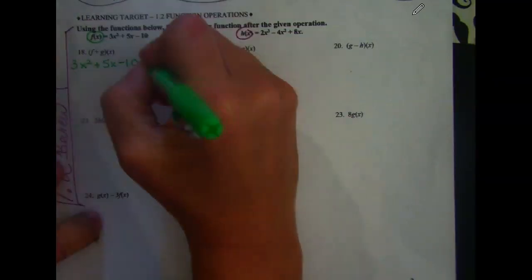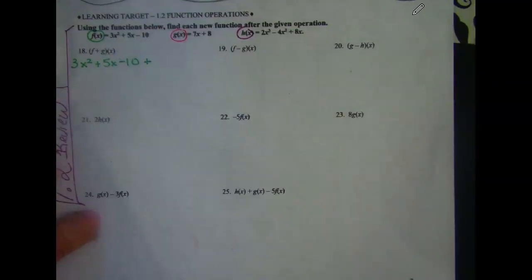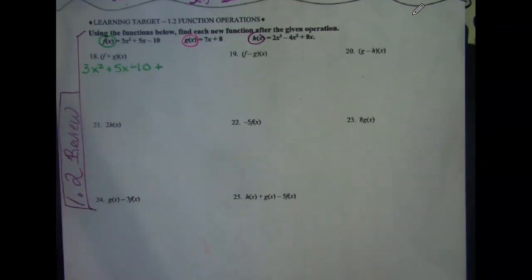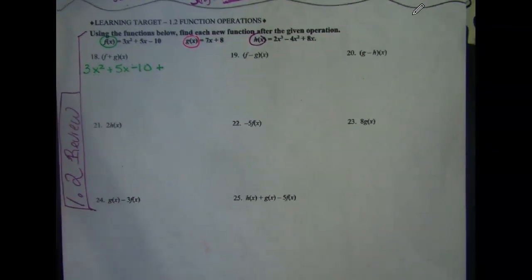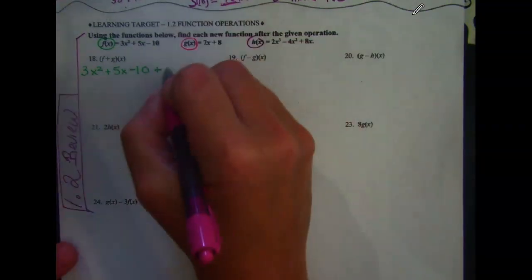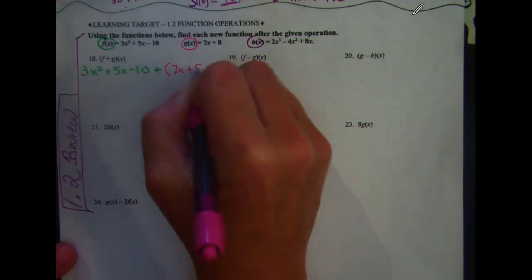And that's going to be added to this whole entire thing. But remember, with addition, we don't necessarily need to write parentheses, but I like to, because if you do it with all of them, then you get in the habit of making sure your operations are correct. So it wants us to add it to g, and it wants us to add it to the whole thing. So I'm going to put g in parentheses, 7x plus 8.